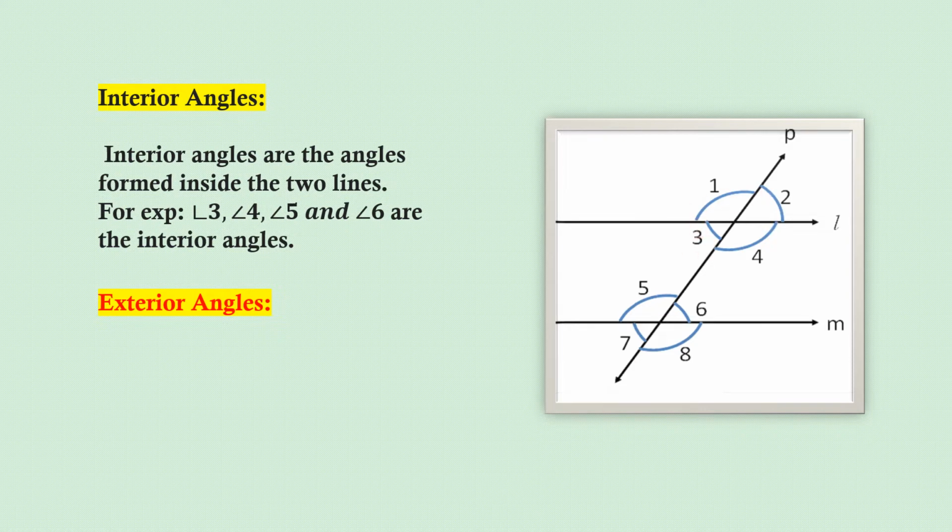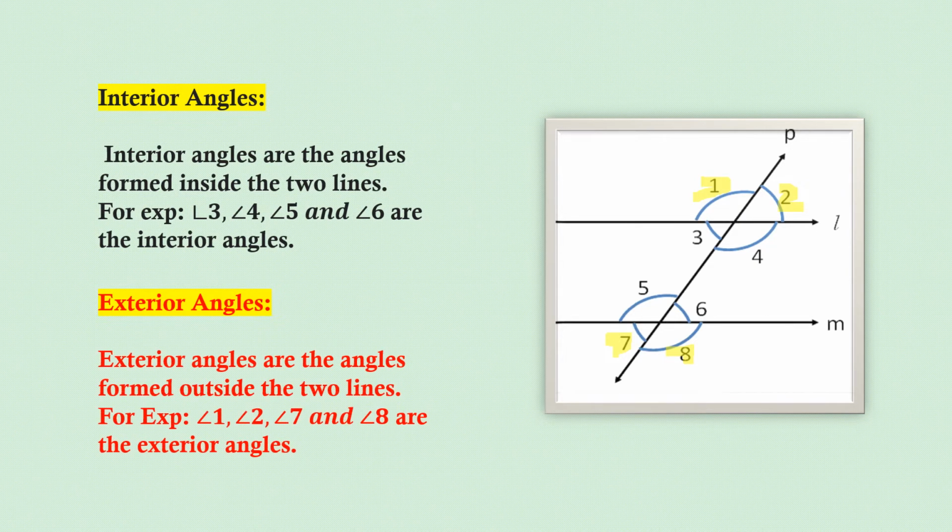These are the angles which are outside the given lines. So 1, 2, 8 and 7, they are outside the lines L and M. So these are called exterior angles.